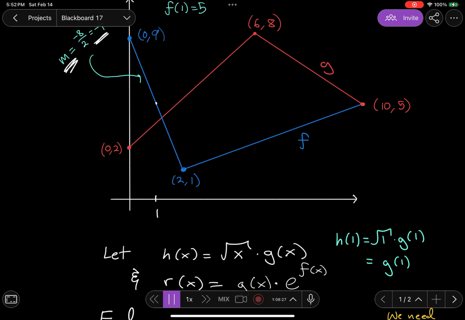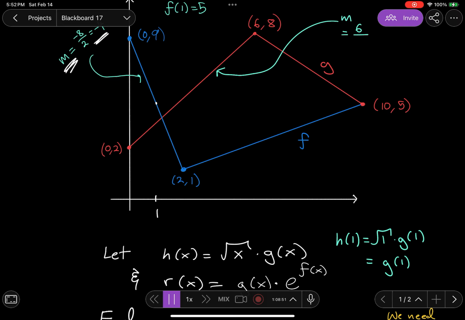I'm going to do something similar. I need to figure out the slope to figure out the height of g at 1. So what is the slope here? To figure out the rise, I go from 2 to 8. So what rise is that? That's the same thing as 6. And then the run is what I have to do to go from 0 to 6.